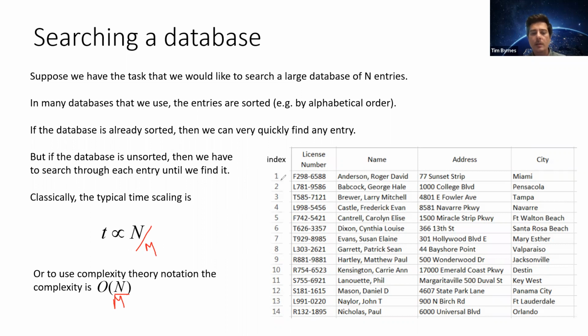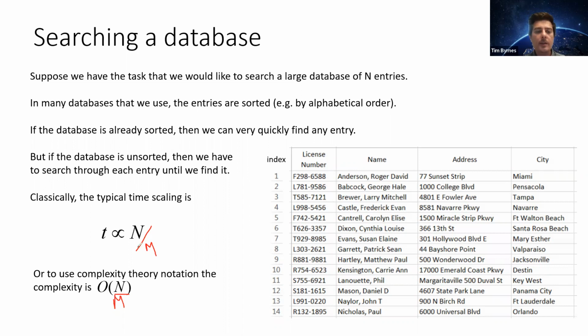So if there are 14 entries in your database, then you probably need to look through at least half of it before you typically find the thing that you're looking for. But of course, if there's more than one answer, like in this case where I'm looking for license numbers that end in 6, there are actually 2 of them. If there are 2 of them, it's twice as likely that I find the correct case.